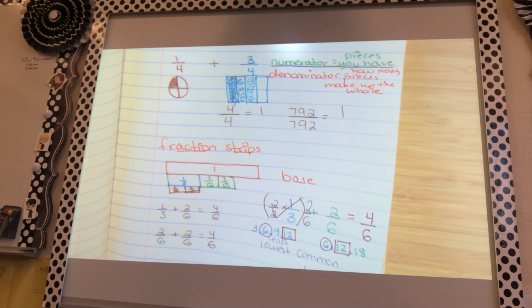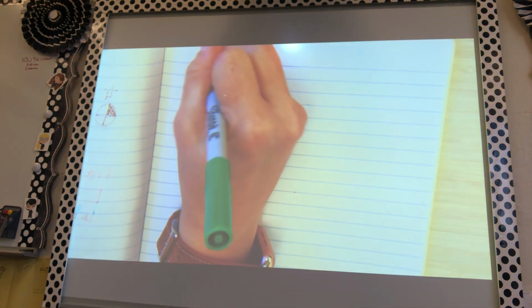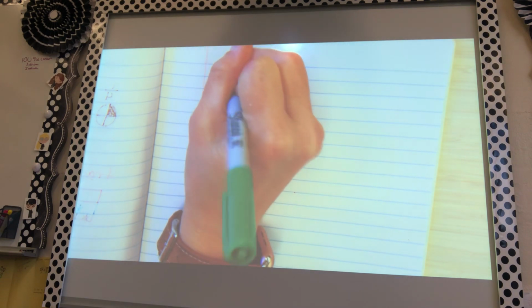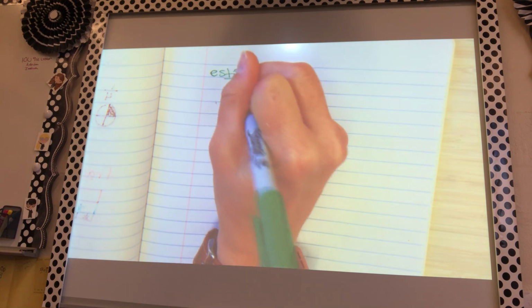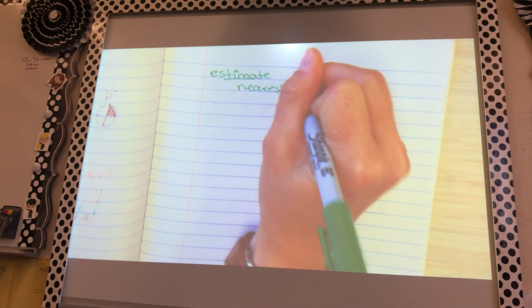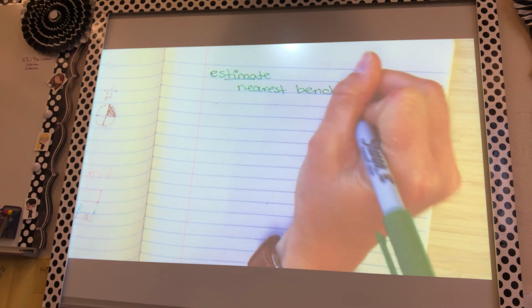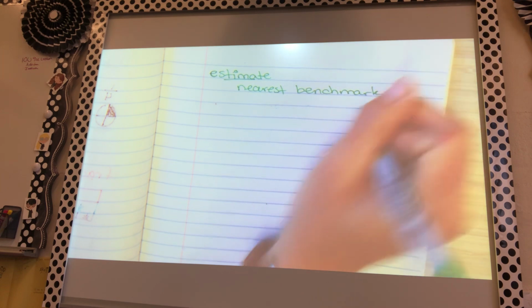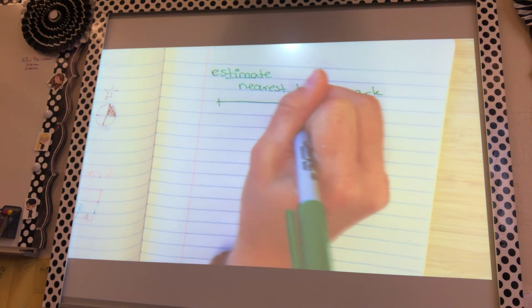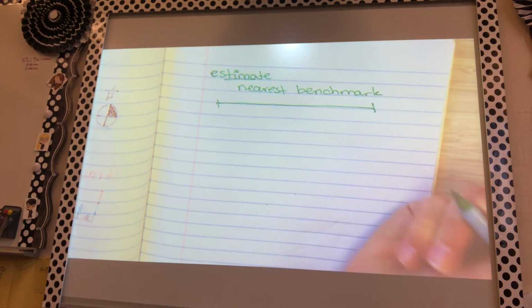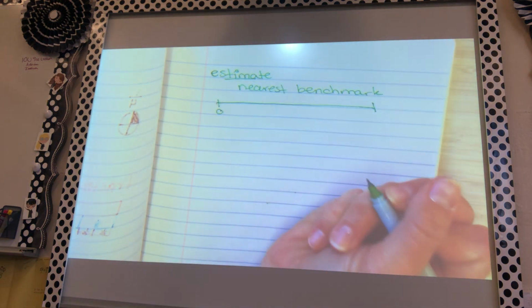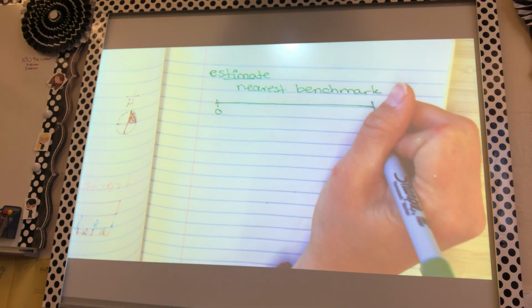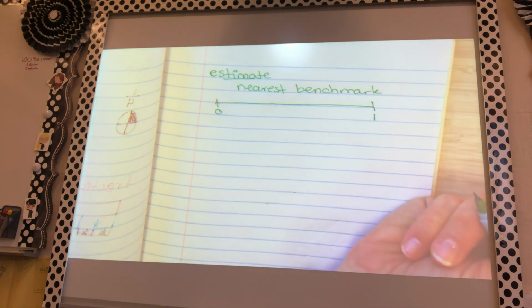So now, if I wanted to do an estimate, which would be what I'm doing next, I'm going to estimate to the nearest benchmark. So when I look at a number line, I think about money; we do it in quarters. So I would have 0, and then I would have 1 over here at the end of my number line.